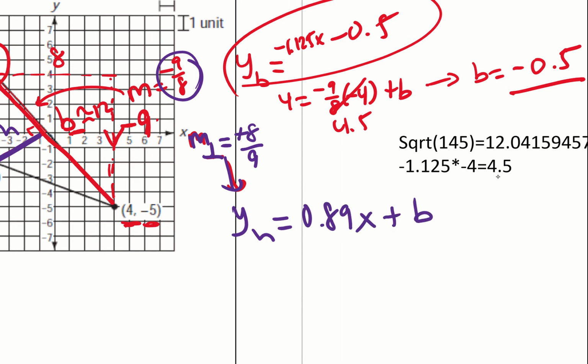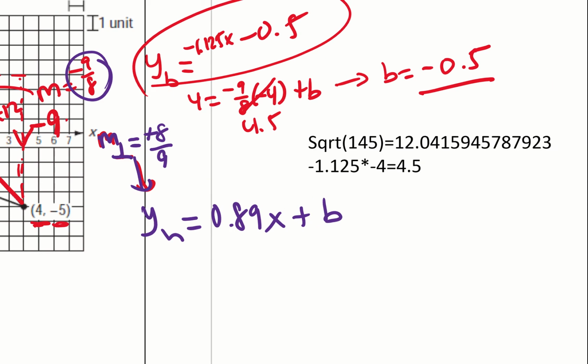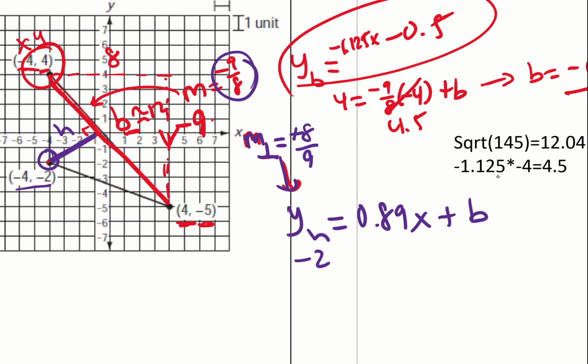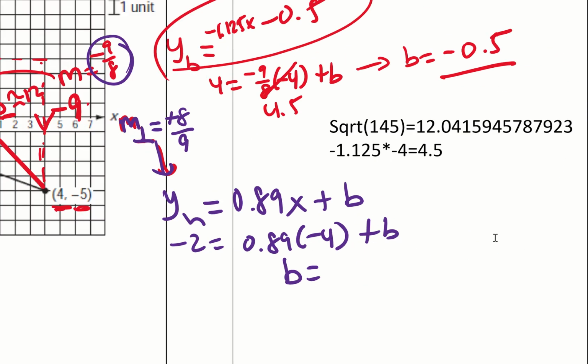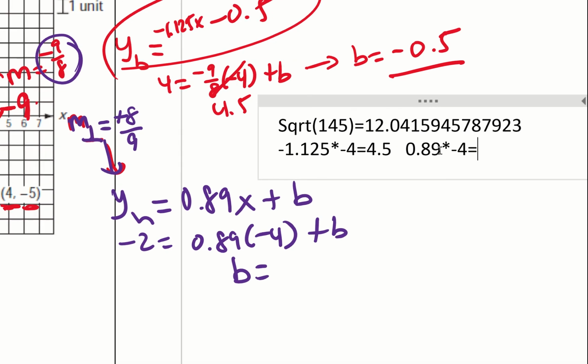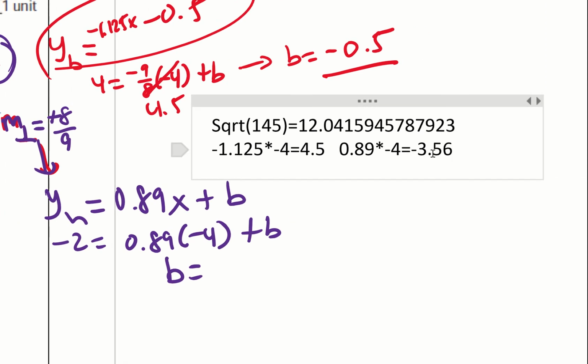0.89x plus b. Let's go ahead and find b. Let's pick a point on this line. This point is on that line, -4, -2. So y is -2 and x is -4. If I do that math, I'm just going to do that math real quick. 0.89 times -4 is -3.56.